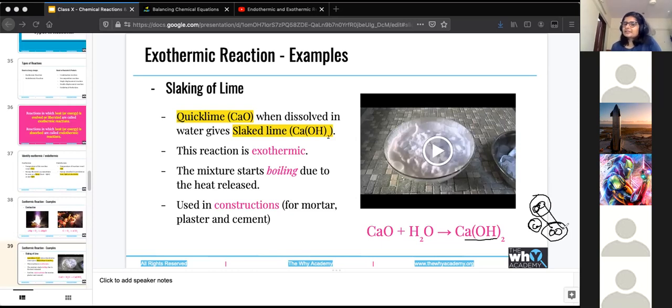That's what it represents. So when you're balancing it, you have to count the number of atoms, right? So this is how you would count it. On the LHS, the number of oxygen: calcium oxide has 1 oxygen and water has 1 oxygen, total 2. And here too, because of the subscript 2 outside the brackets, it applies to all the atoms between the brackets. So there's 2 of oxygen.